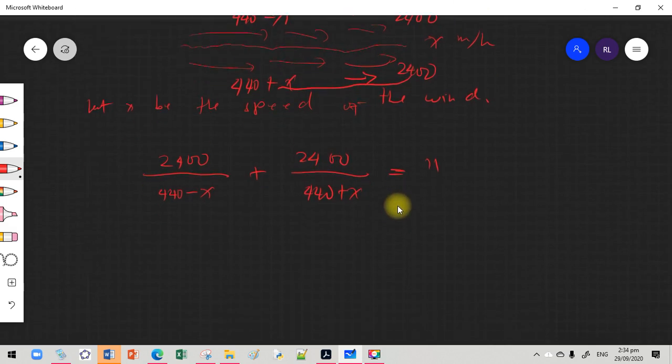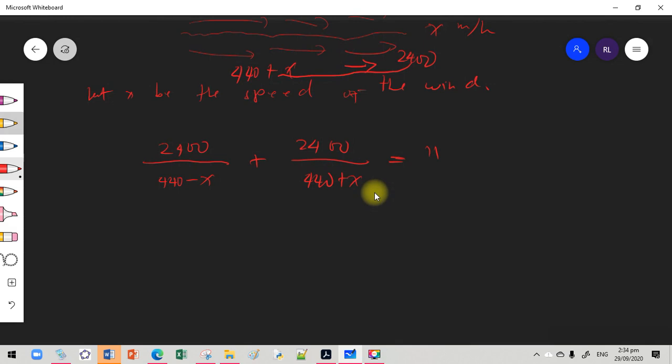So pretty much the same. We'll go into details. We'll have the LCD as this one. Our LCD is 440 minus x times 440 plus x. So this becomes 2,400 times, if you multiply this by the LCD, you are left with 440 plus x.